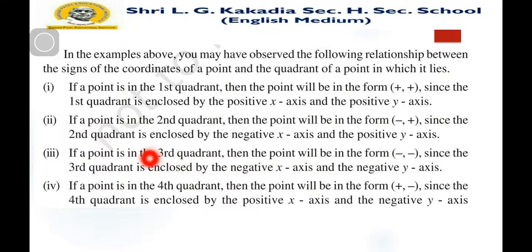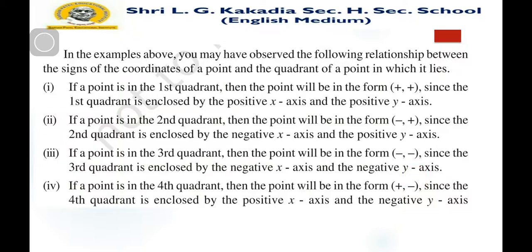As well as if the given point is in the fourth quadrant, then its x coordinate will be positive and its y coordinate will be negative, as we can see in the figure.